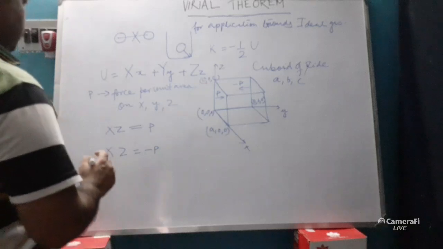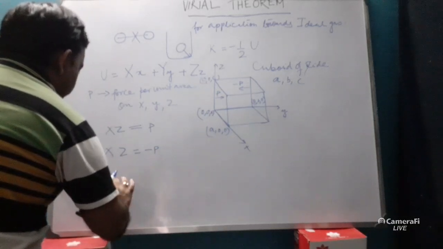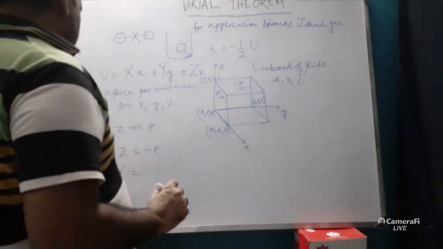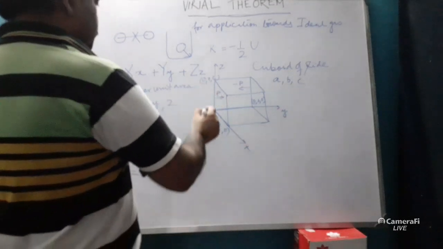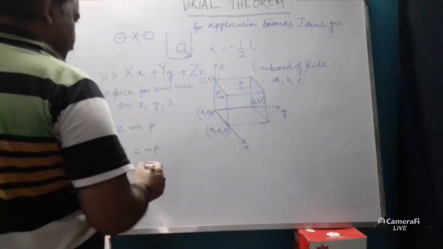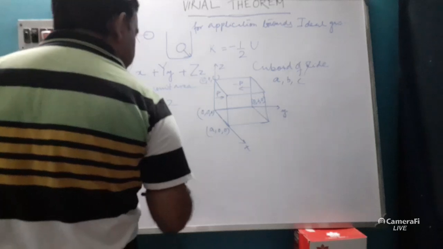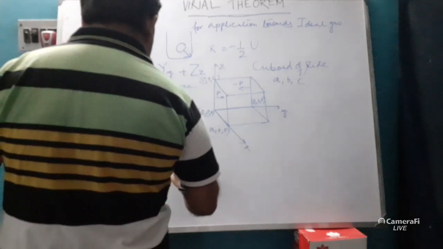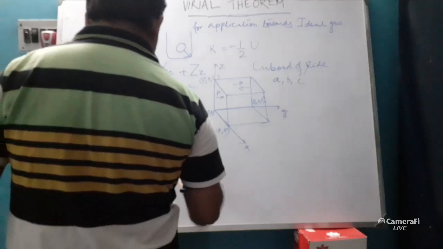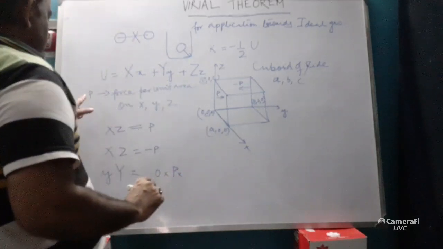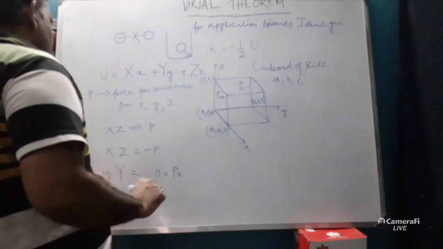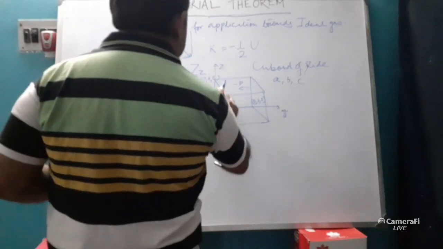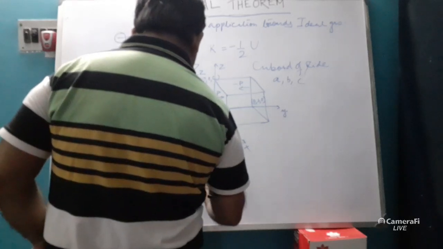That means if we calculate small y, capital Y: small y for this plane would be 0, because the coordinate over here is 0, into P, into the area on which it is acted upon, which is A multiplied by C, AC.